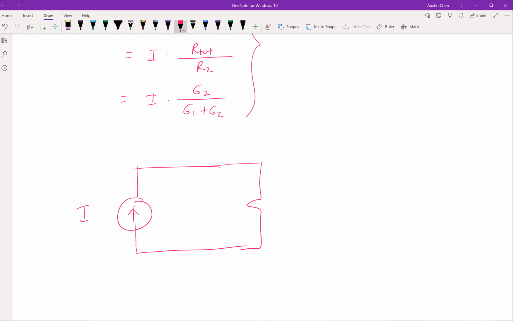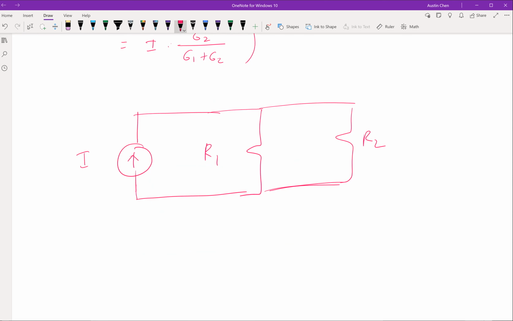So this is R1, this is R2. Let me put down some numerical numbers as a hint for you to think more about it. Let's say I is equal to 10 A. This is I1, this is I2.